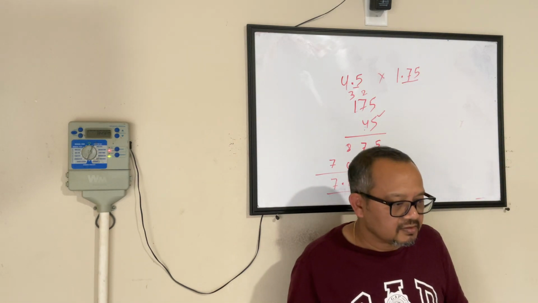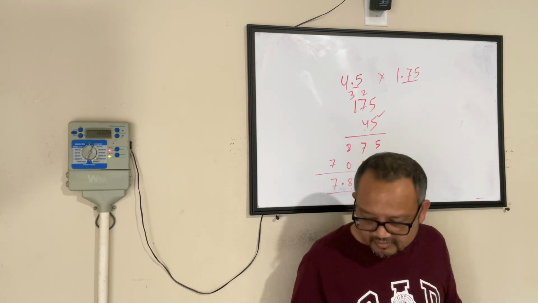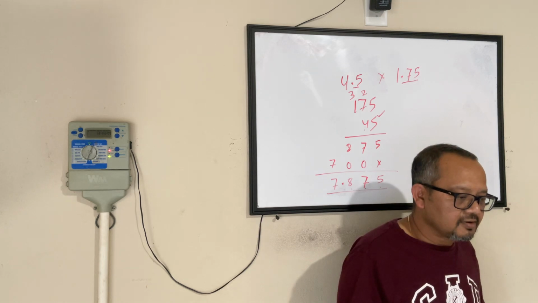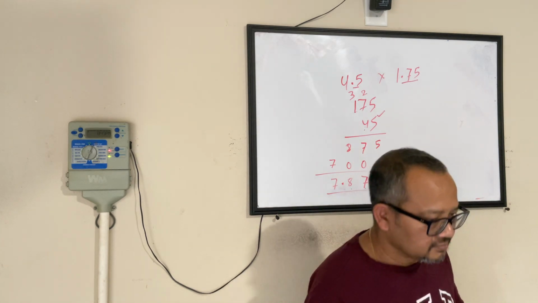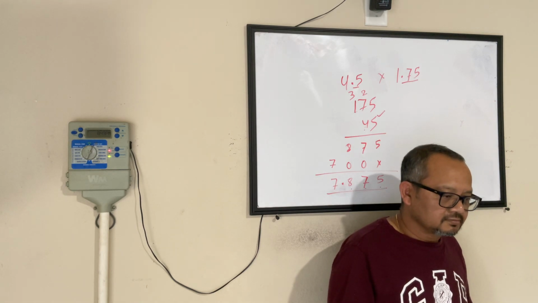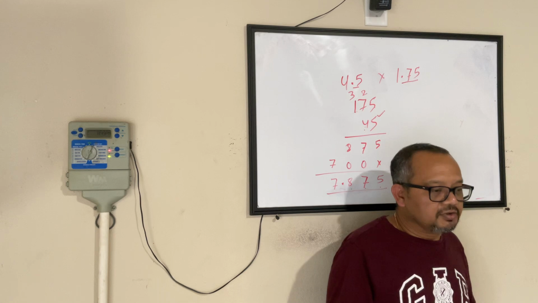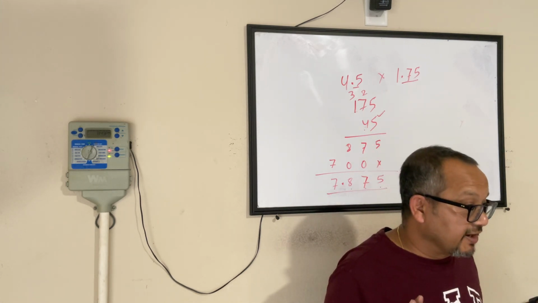Yes, Ranveer. When you have 3 numbers before the decimal, I have a method for that one. So, you can have different methods, that's perfectly fine.